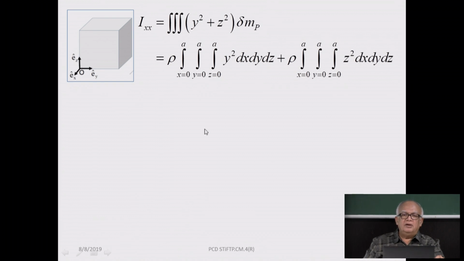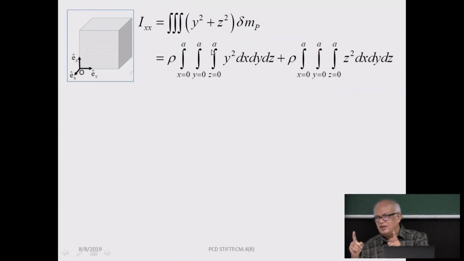But these 6 integrals you have to evaluate to get the 9 elements. So let us see how one of these integrals is evaluated. Let's look at Ixx. These are independent degrees of freedom, so you can carry out the integrations independently of each other, right? So you will have rho coming from here, then you have an integral y squared dy going from 0 to a, which is the length of the side of the cube.